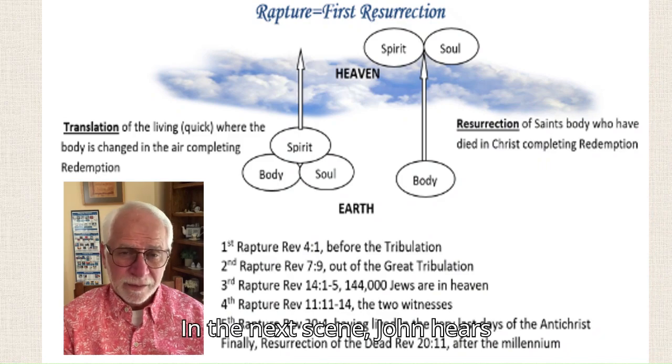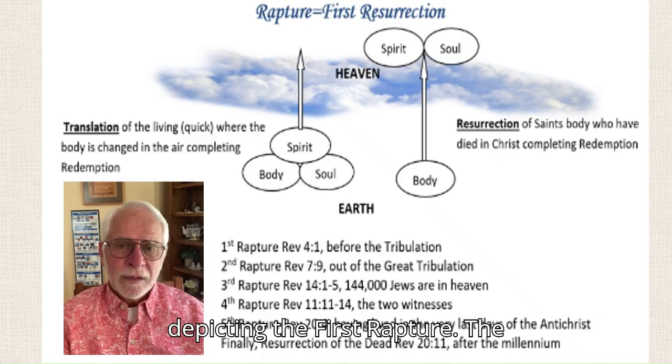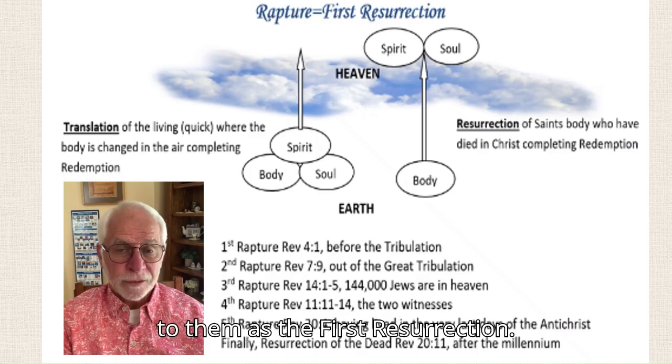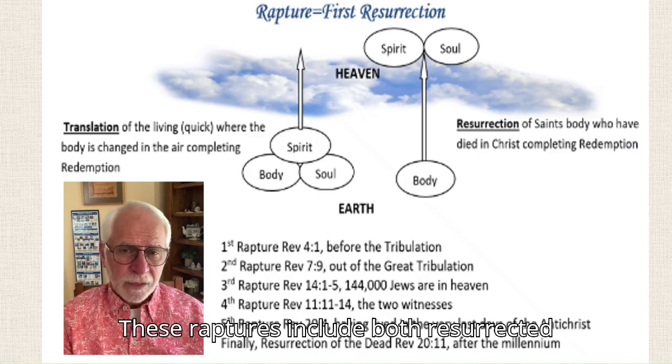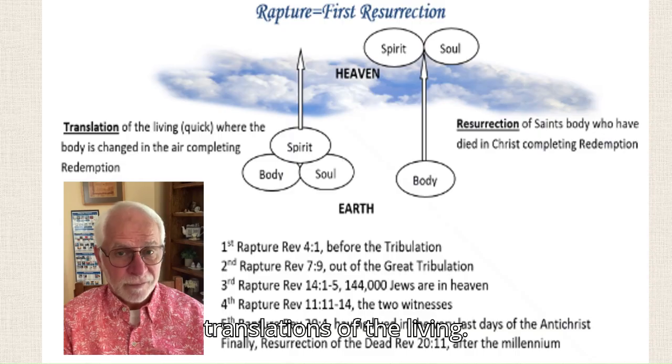In the next scene, John hears a trumpet calling him up hither, depicting the first rapture. The Apocalypse portrays 5 raptures, referring to them as the first resurrection. These raptures include both resurrected bodies of the dead and live translations of the living.